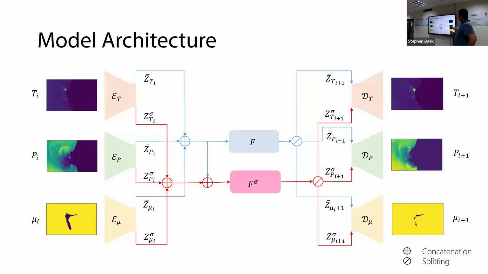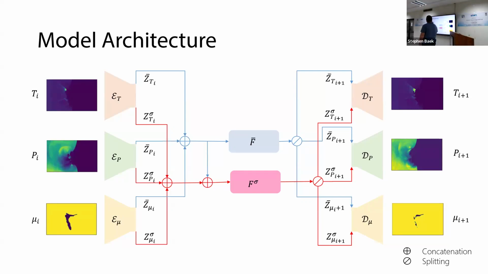Of course, we model F bar and F sigma as a neural network module. More precisely, this is a small convolutional neural network with a few convolution layers. Assuming that in the lower dimensional space the dynamics become much simpler, the hypothesis here is that a relatively small convolutional neural network should be able to learn the dynamics.